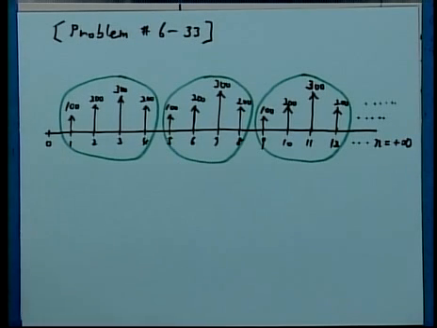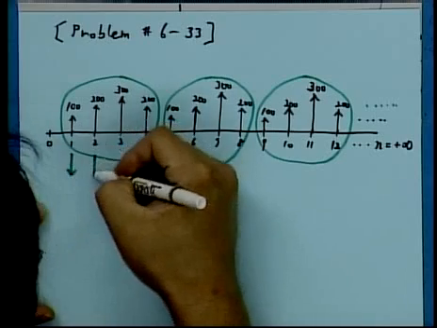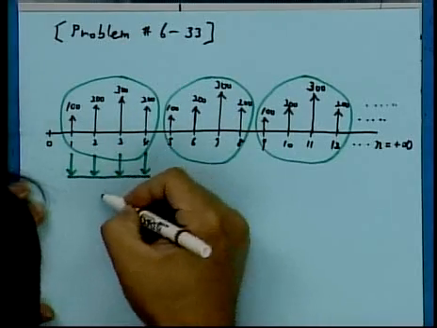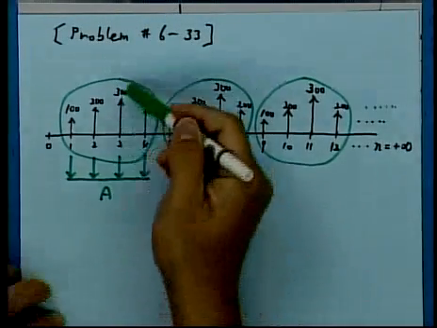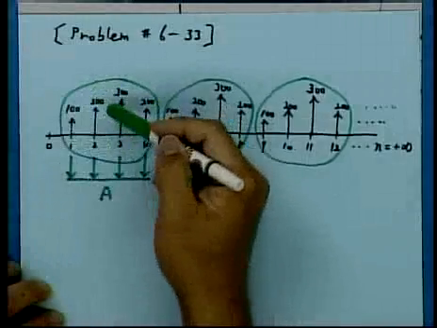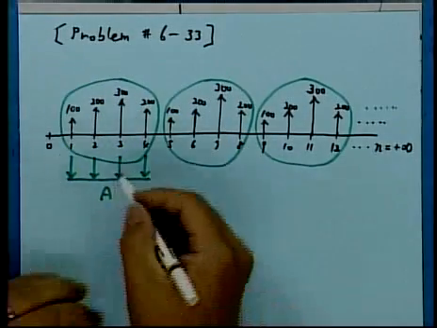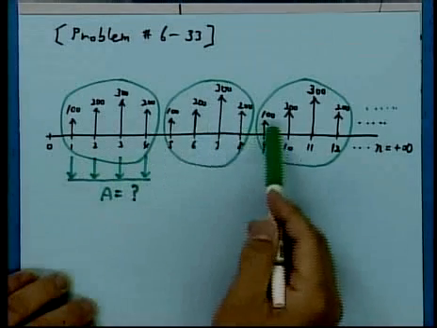Solving this series for A, which means converting this series to an equivalent uniform series, will give us the value of A, the equivalent uniform annual benefit for this entire infinite series.